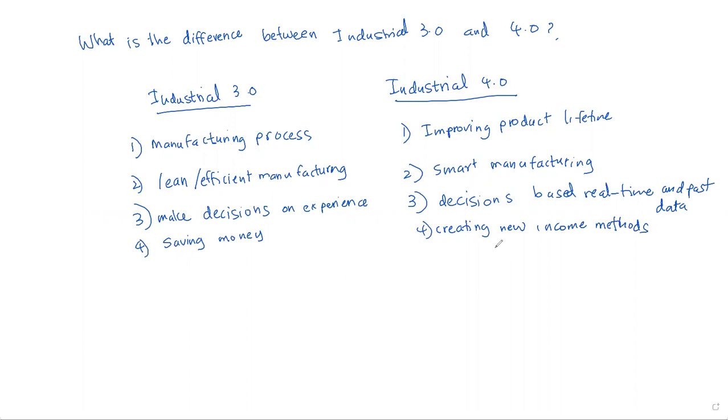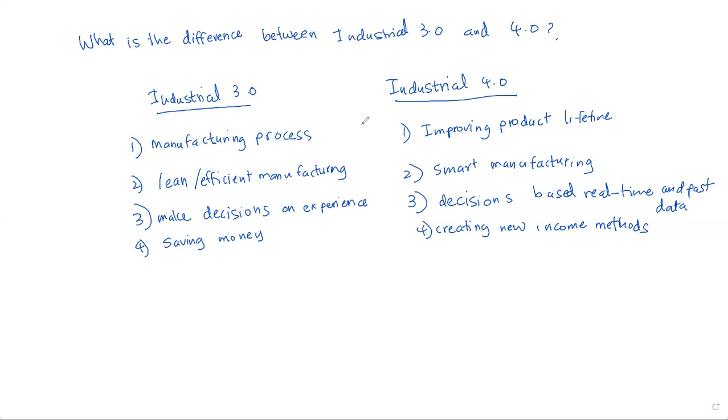Creating more income methods. So Industry 4.0 seems to be more flexible and more human friendly than 3.0. However, 3.0 is also not a bad version, it is good actually.